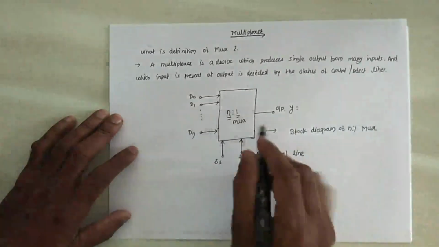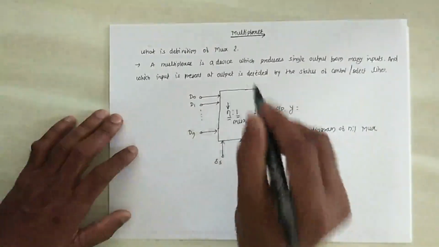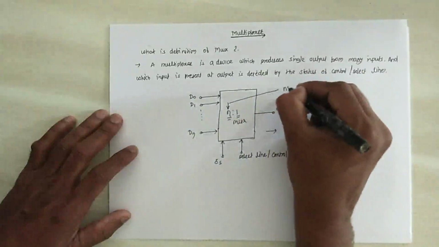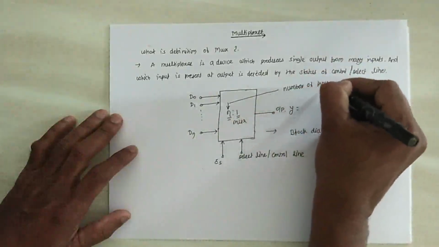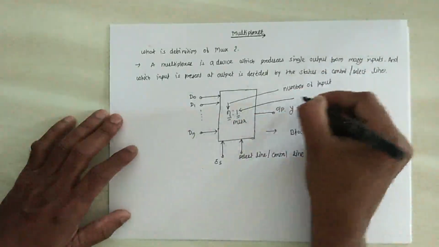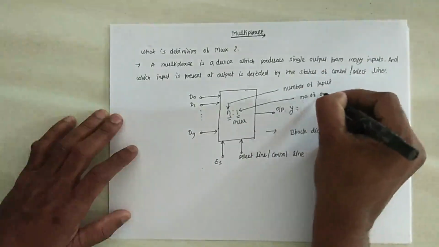If you observe carefully, the first digit represents the number of inputs, and the second digit represents the number of outputs.